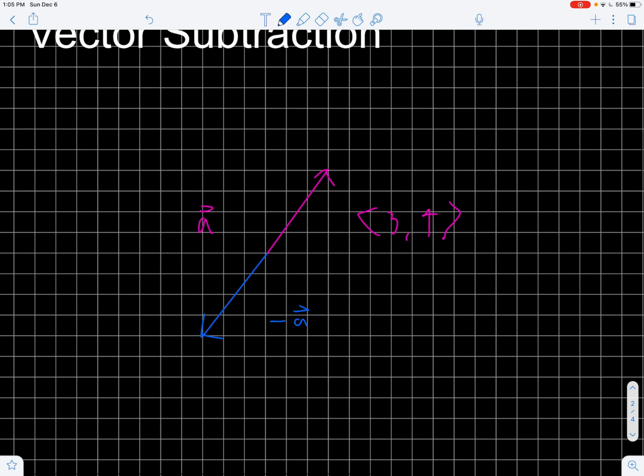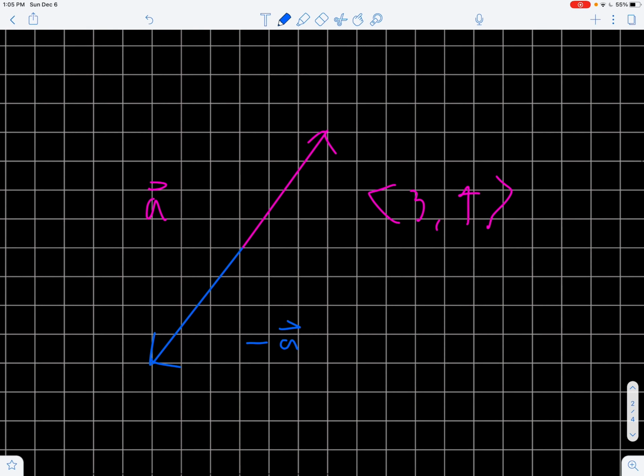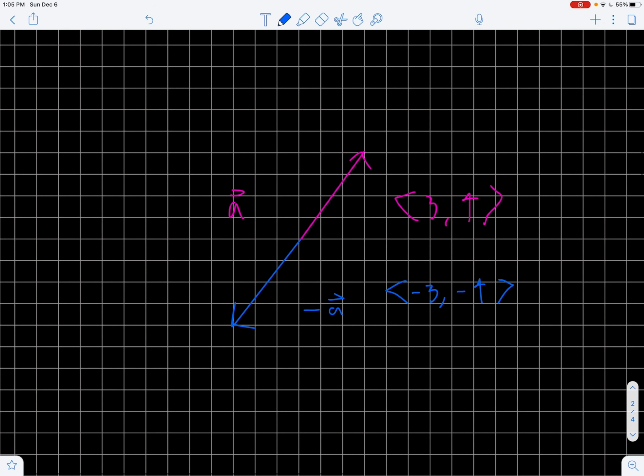Now, in terms of its x and y components, how does that happen? Well, as you can probably tell by looking at it, this guy's negative components. This guy went forward in the x, so he has to go backward in the x, exact same amount. This guy went forward in the y, so he has to go backwards in the y, the exact same amount. Cool. All right.